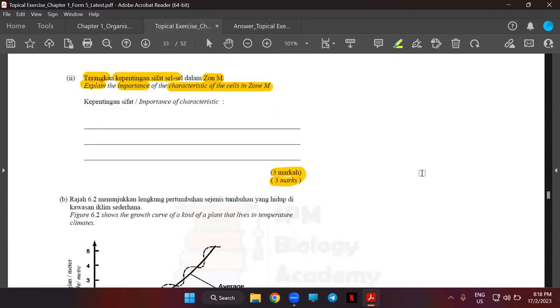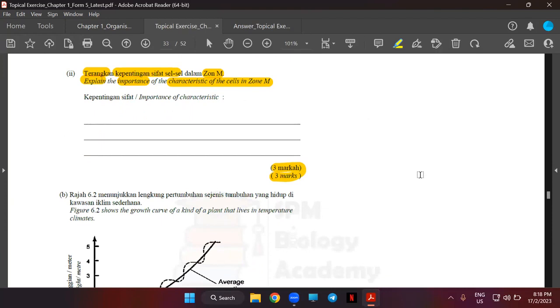Okay, right. Jadi, soalan minta kita terangkan kepentingan sifat-sifat sel dalam zone M. So, kepentingan sifat, importance of characteristic. So, first what we need to write, apa yang kita perlu tulis ialah, apa importance of characteristic? What is the kepentingan sifat tersebut?